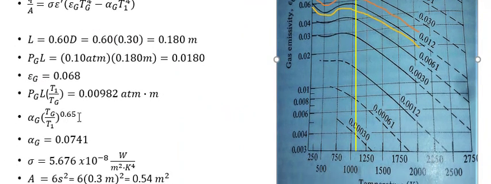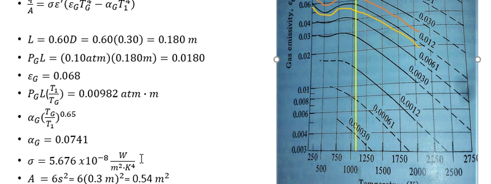But based on the rule, we still have to multiply the absorptivity that is obtained in the figure by the temperature of the gas over the temperature of the wall raised to 0.65. Therefore, we will have 0.0741 to be the absorptivity of the gas.